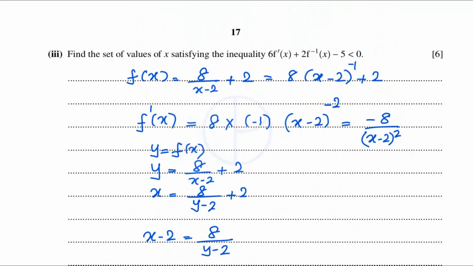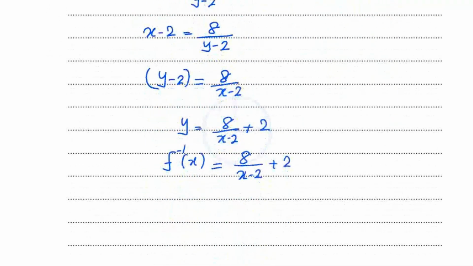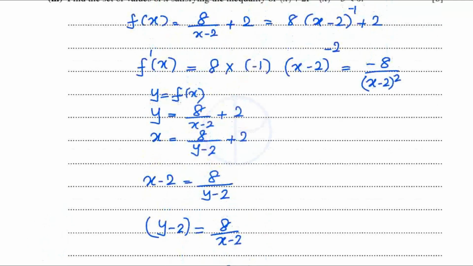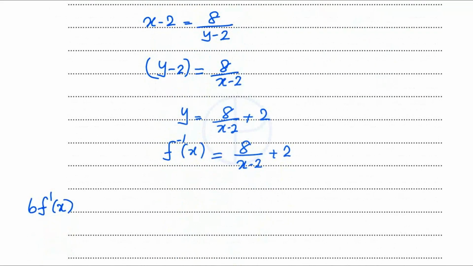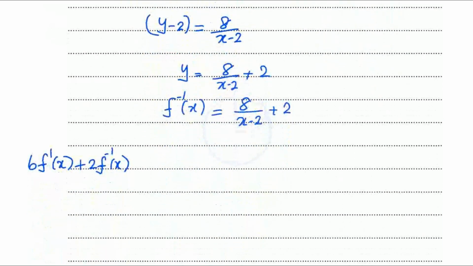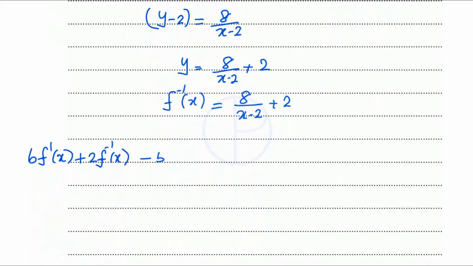Let's substitute in the inequality 6f'(x) + 2f⁻¹(x) − 5 < 0. So 6 times f'(x) is negative 48 divided by (x − 2) the whole squared, plus 2 times 8 divided by (x − 2) plus 2, minus 5 is less than 0.